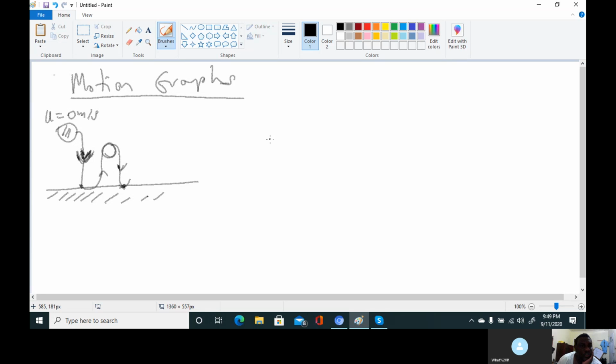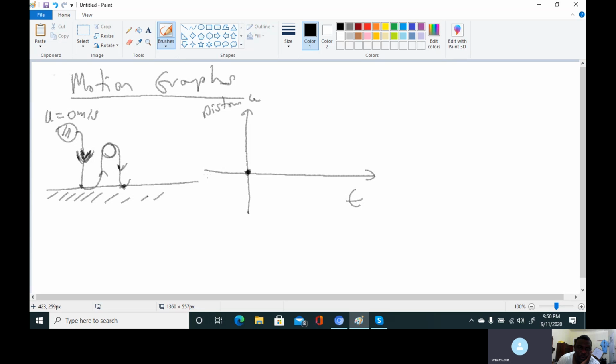In terms of a distance-time graph, if you plot distance versus time, no problem. Distance is scalar, so start measuring from somewhere.